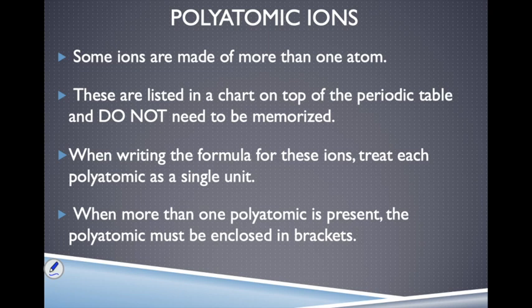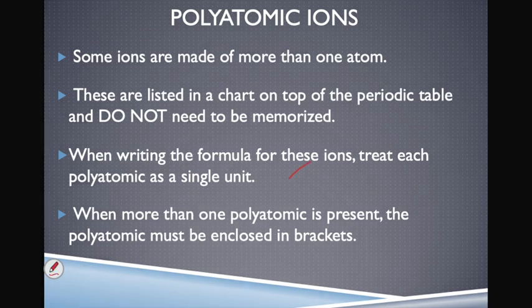When we write the formula for these ions, my hot tip for you is treat each polyatomic as a single unit. We'll see what that looks like in just a second. But just the way you dealt with chloride ions as one thing, we're going to treat polyatomics as though they are just one thing, even though they are ions made of more than one atom.